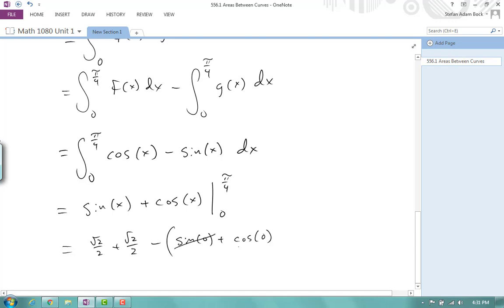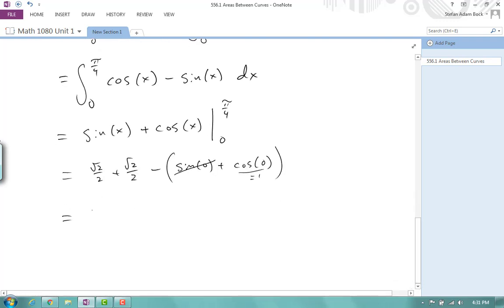That one is 0, but this one is equal to 1. So it looks like my answer is the square root of 2 minus 1.